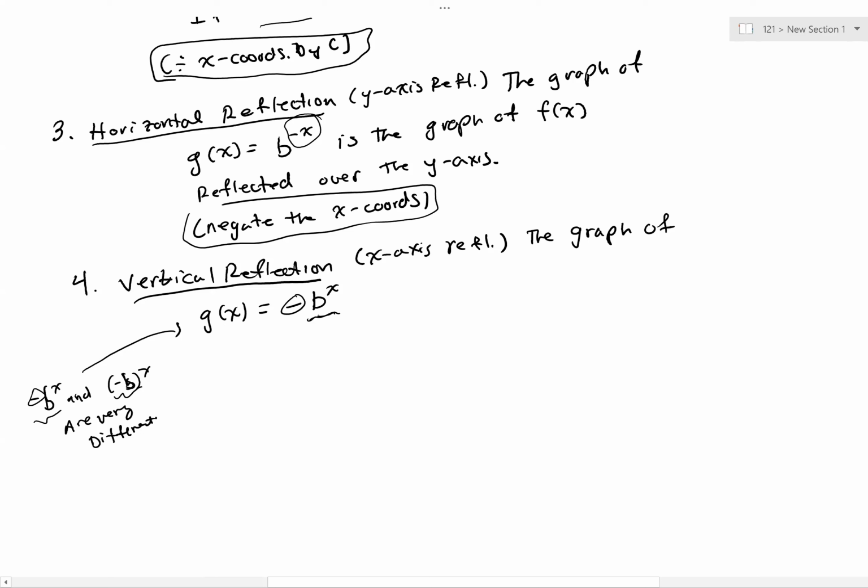So the graph of negative b to the x is the graph of f reflected over the x-axis.